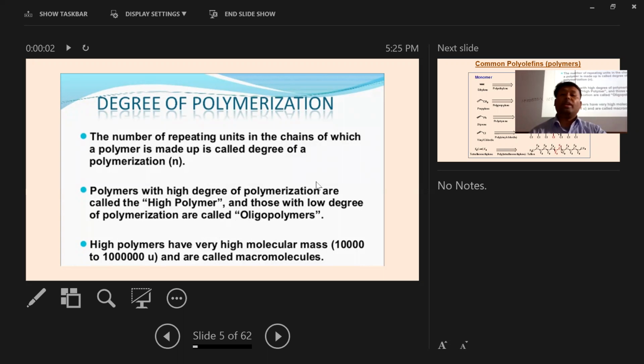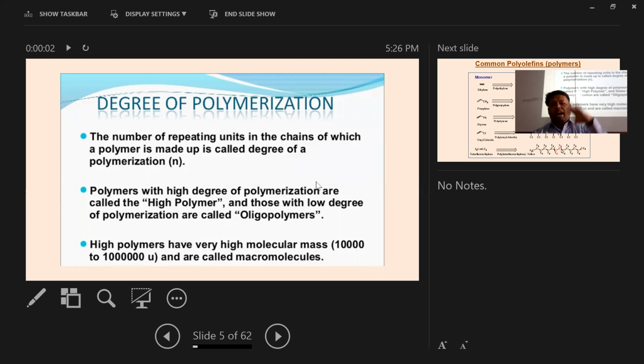Degree of polymerization, what I have told is that the number of molecules or repeating units in the chain of which a polymer is made up is called the degree of polymerization. Polymers with a high degree of polymerization are called high polymers. This is a very simple thing. That means if you have a lot of molecules, or a relatively lower number of molecules, then you will say this is a polymer with low degree of polymerization, called oligopolymers.